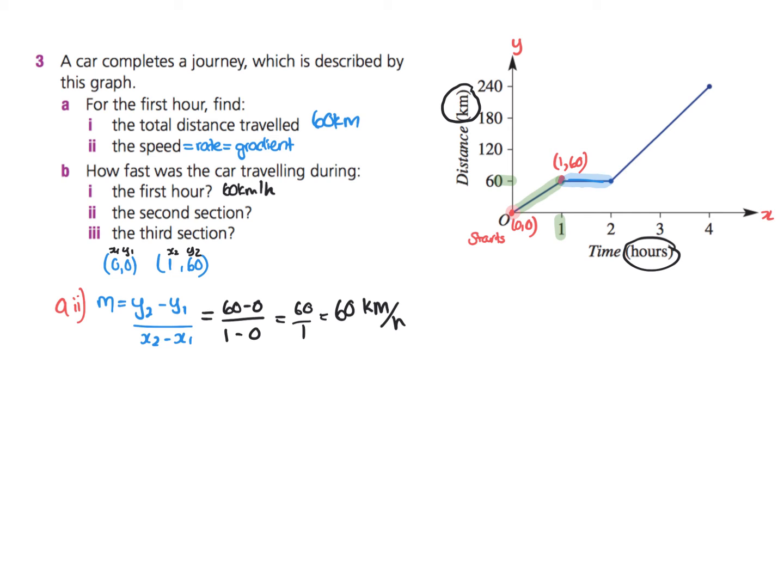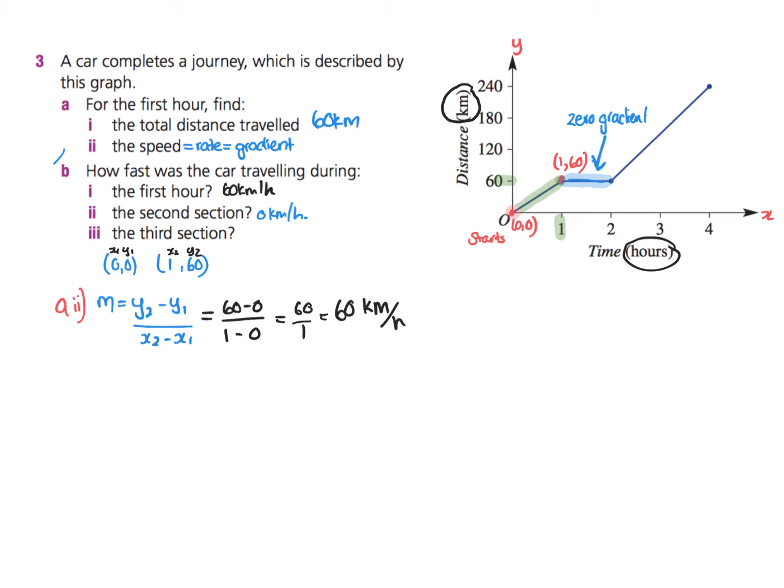Did you go anywhere? No, you didn't. So the car was travelling at 0 kilometres per hour. Remember, a horizontal line has a 0 gradient, so that blue line is 0.